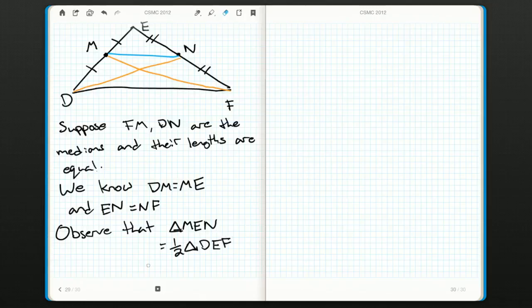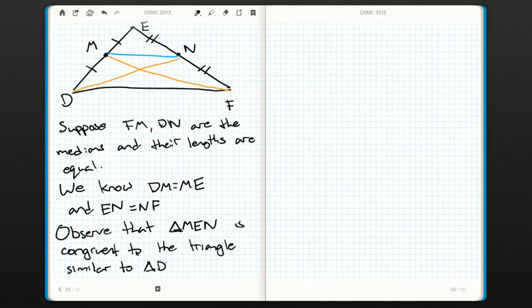How do I want to write that? So it's similar to triangle DEF.